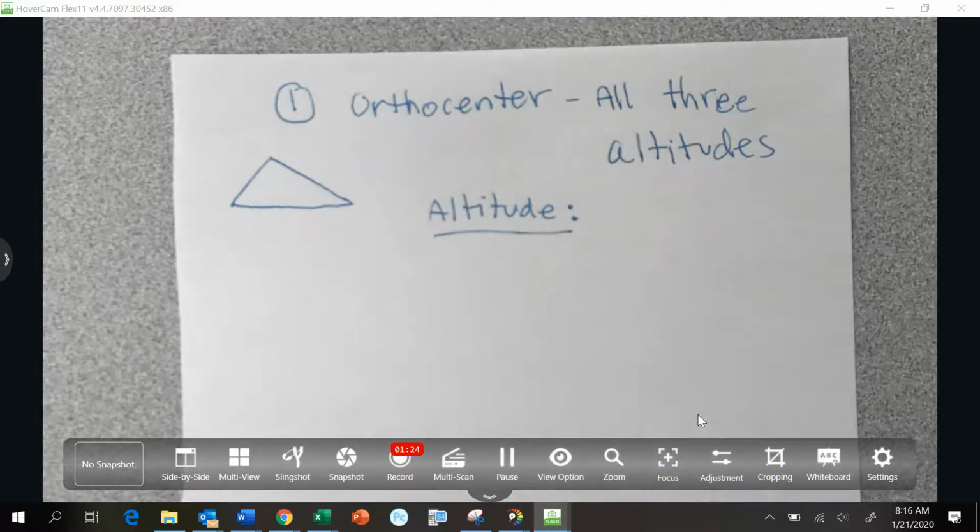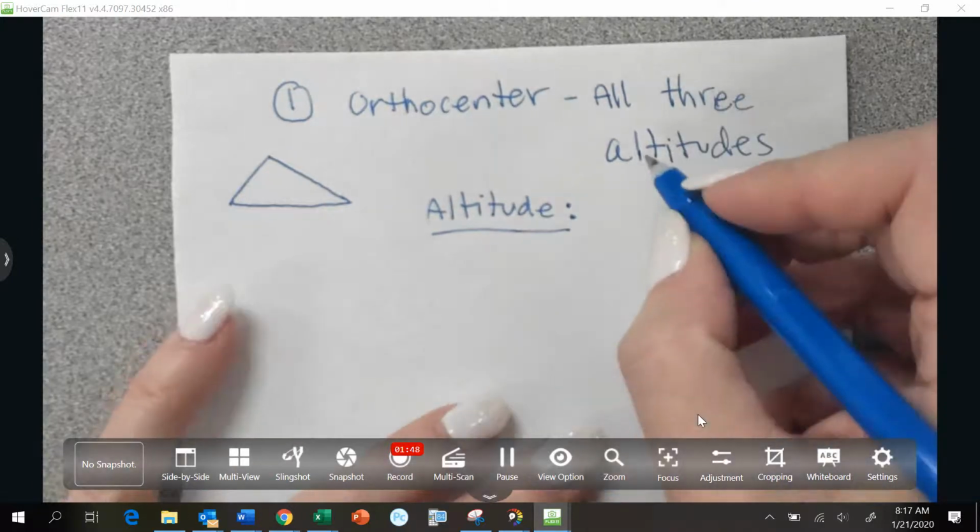Here's one thing. We're talking about this quiz right now. All right, Maggie, what's an altitude? The perpendicular segment from a vertex to the opposite side or to the line that contains the opposite side.